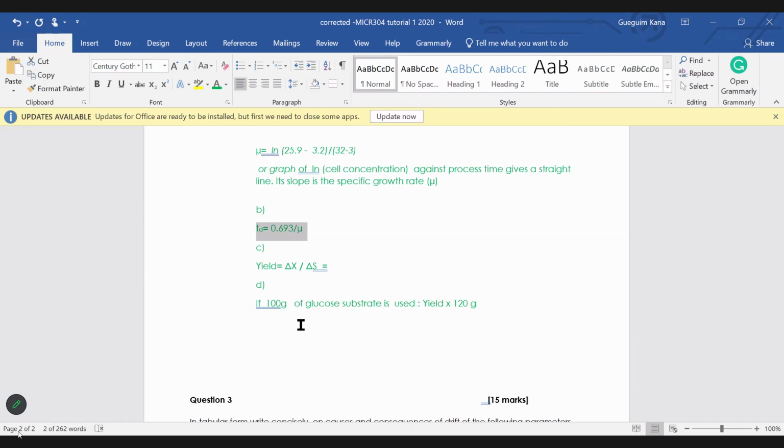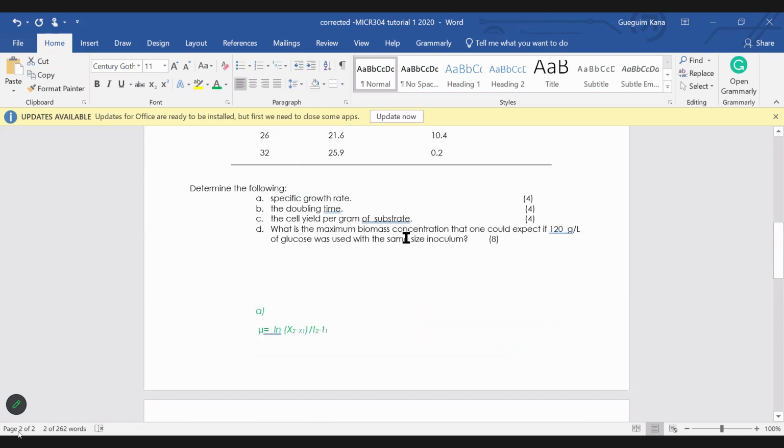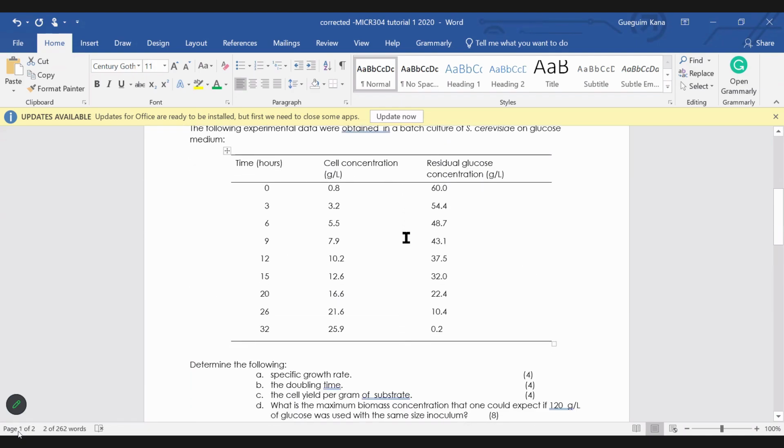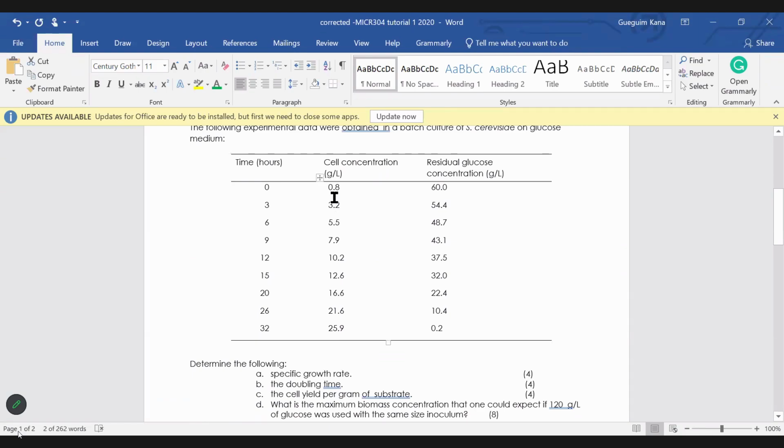The next thing is to find the yield. We said the yield is the change in cell formation divided by the change in the substrate concentration. That is, you come back to the table and find the total amount of biomass produced, maybe 25.9 minus 3.2, or minus 0.8, and divide by how much substrate they used.